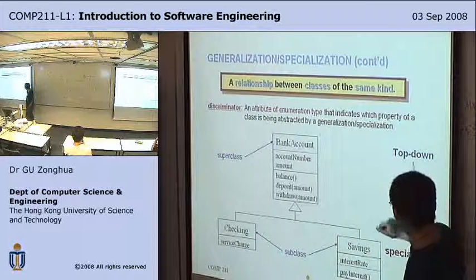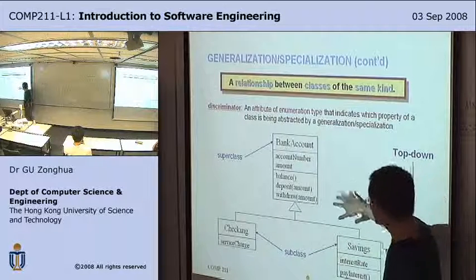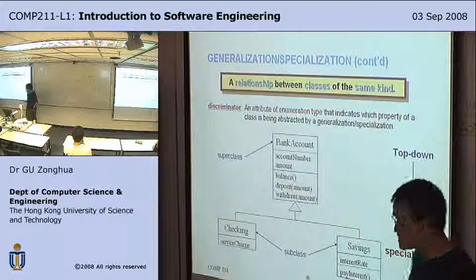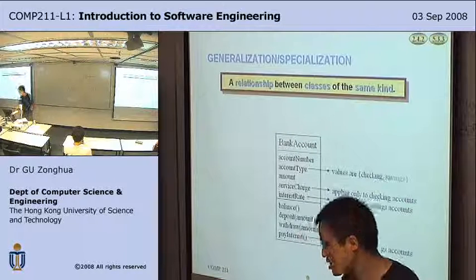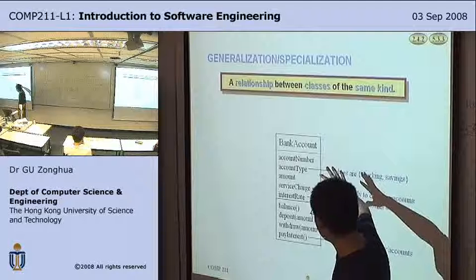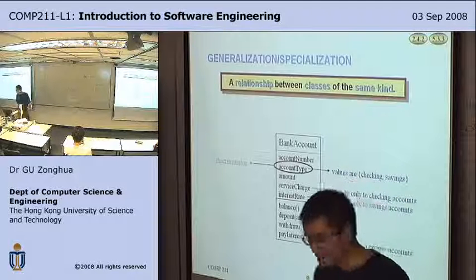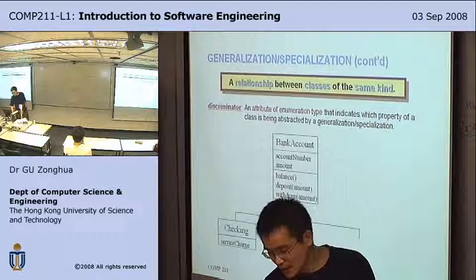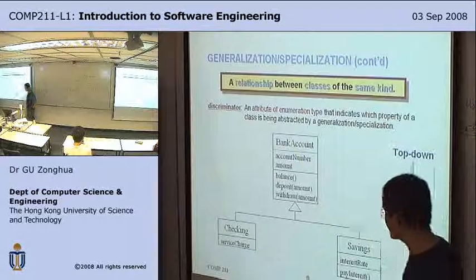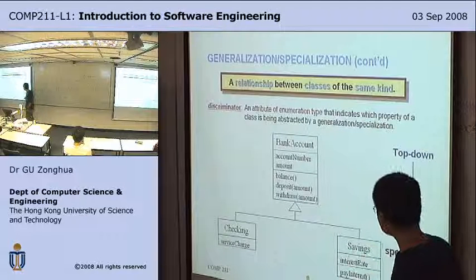So this is called a top-down design, specialization. That is, you start from this particular class, and then you pull out the common parts into a base class, and the specific ones into the subclass.